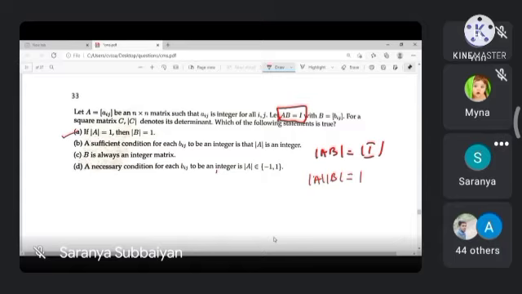What is B? B is equal to A inverse, right? So how can we define a sufficient condition for each Bij to be an integer is that the determinant of A is an integer. Is it true? No, ma'am.